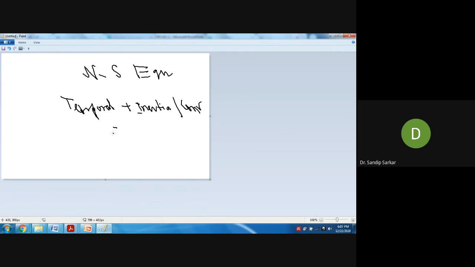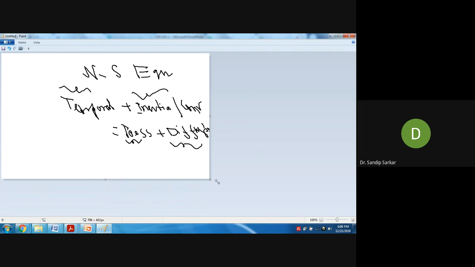The third one is called the pressure gradient. And the last one is the diffusion term. So this one is the temporal term, this one is the inertia term, this is your pressure gradient, and this is your diffusion term.